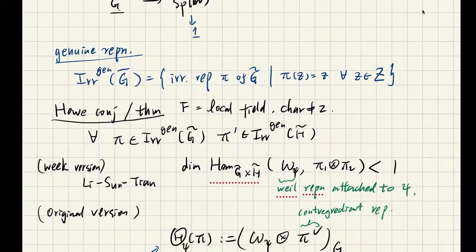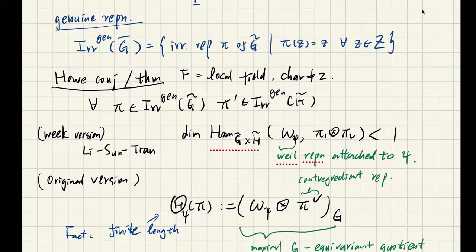And then Howe's duality theorem says that if F is a local field of characteristic not equal to 2, then for any pi and pi prime, both genuine representations of G tilde and H tilde, first you have a weak version.